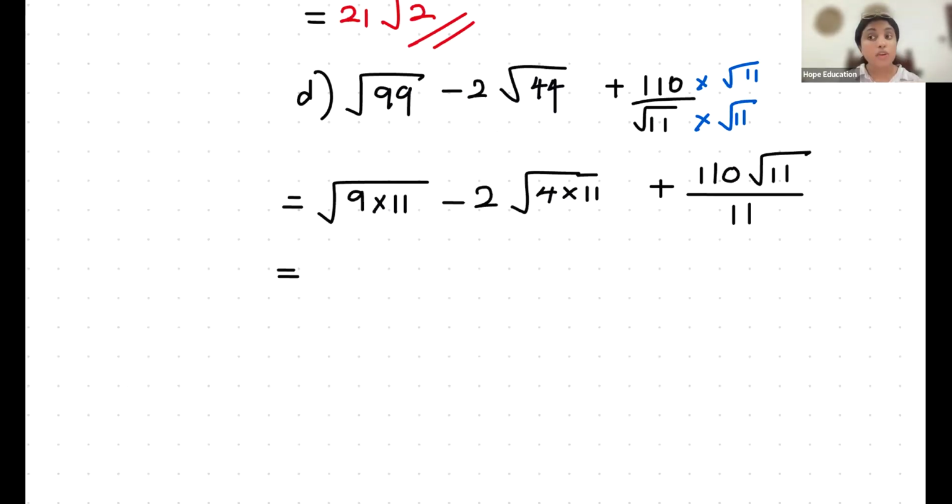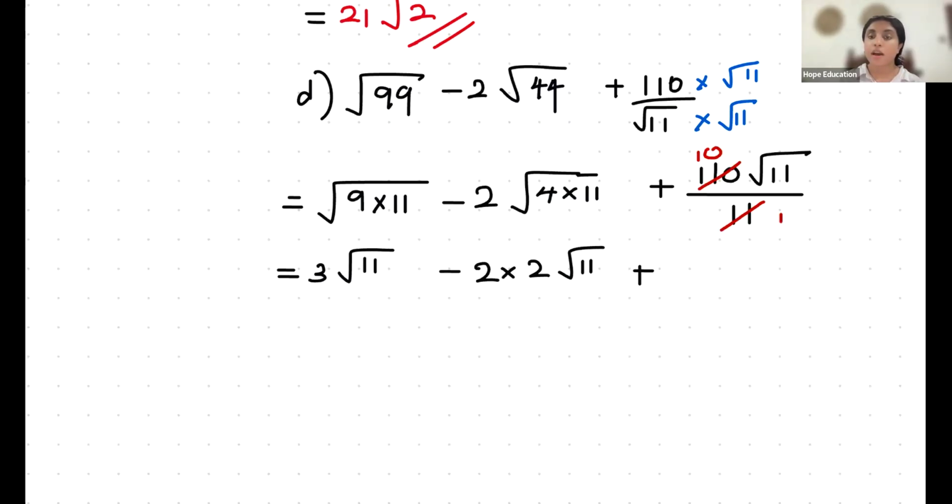So since square root of 9 is 3, I'm taking it out, and what is remaining inside the root sign is 11. Minus 2 multiplied by square root of 4, which is 2. So I take 2 out and 11 is remaining inside the square root sign. Plus here, look at this. 11 times 1 is 11. 11 times 10 is 110.